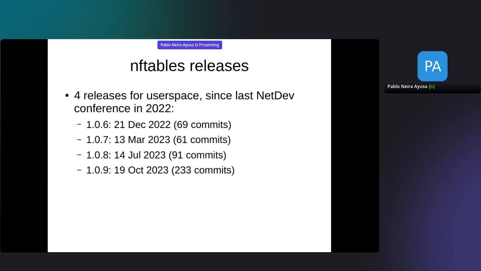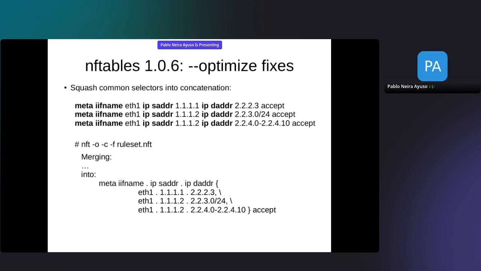We've got 1.0.6, 7, 8, and 9. Basically, the pace of releases for user space is around 3-4 months, as you can see. And I'm going to make a brief summary of those updates that happened in those releases.